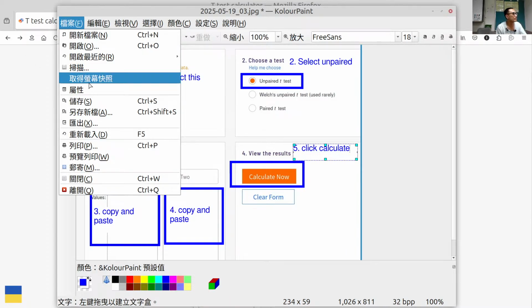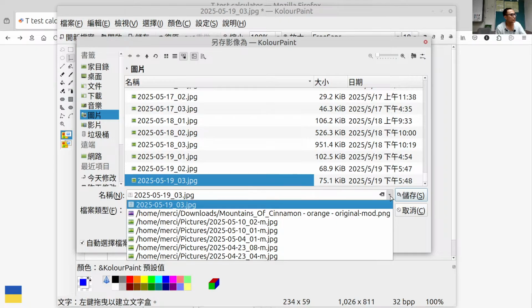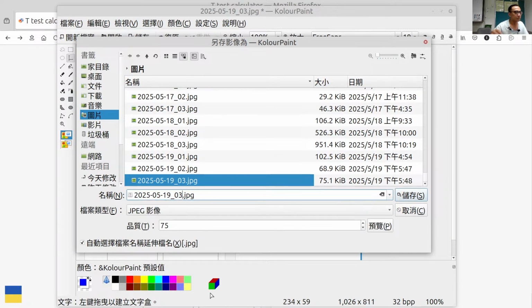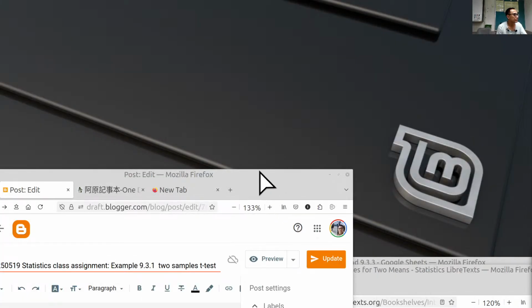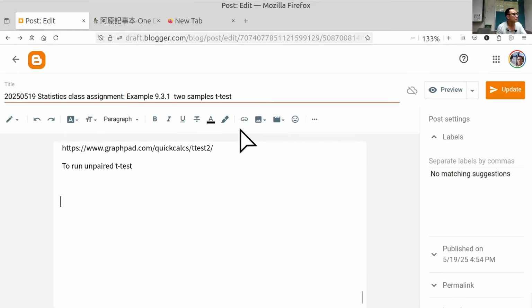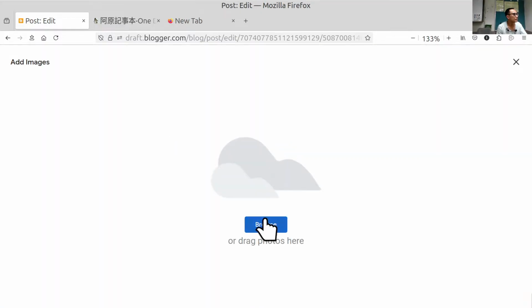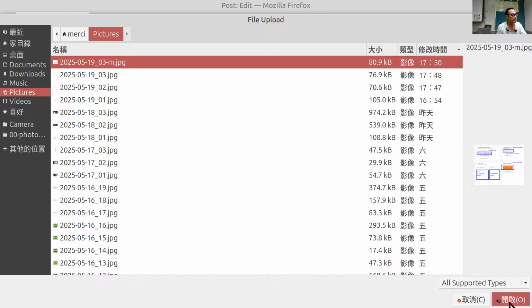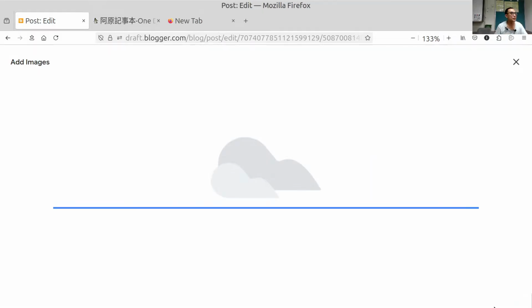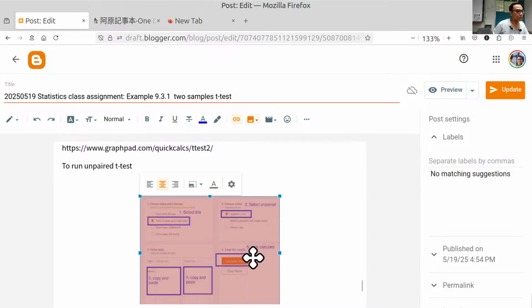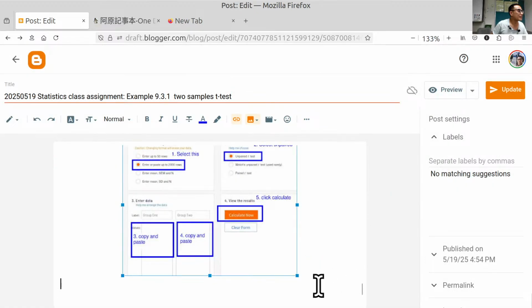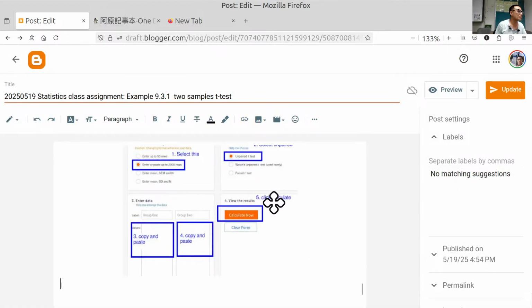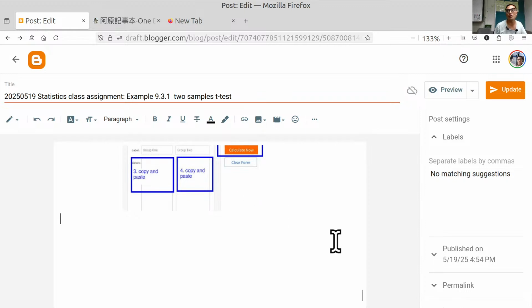After finishing this, you just need to spend the time to take notes like this. Then if you forget how to run the test, you can follow step 1, step 2, step 3, step 4, 5, then you will be done.